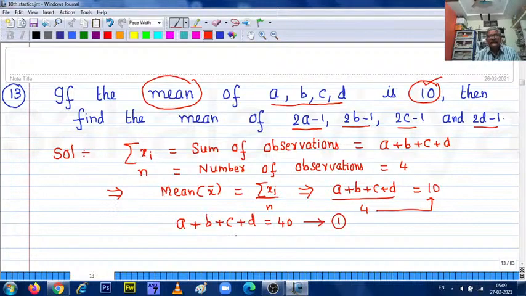But using this basic concept, the key point, we need to find out the mean of 2a minus 1, 2b minus 1, 2c minus 1, 2d minus 1. Again we need to apply the same formula. So now let us find out.